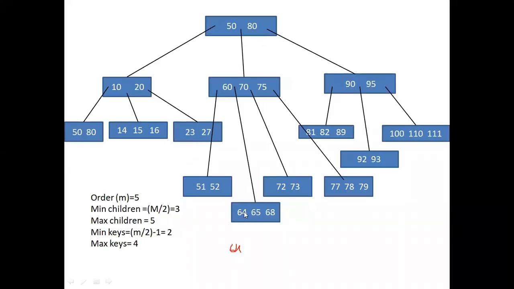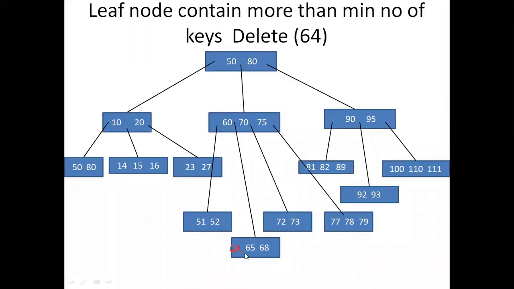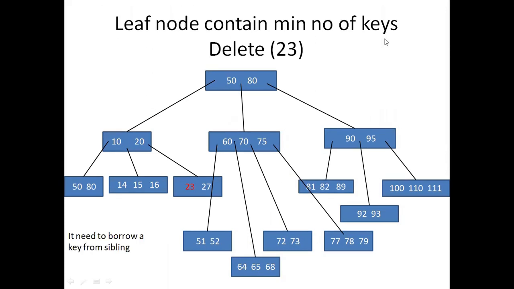See, 64 was here before 65. So in this node, if we want to delete the key value 64, that means 64 is our target key, then you can simply remove or delete this key because it is not violating any property. Removal of this has left 2 keys for this node, which is allowed. Minimum 2 keys are allowed. So this is the simplest case where you can delete the value 64.